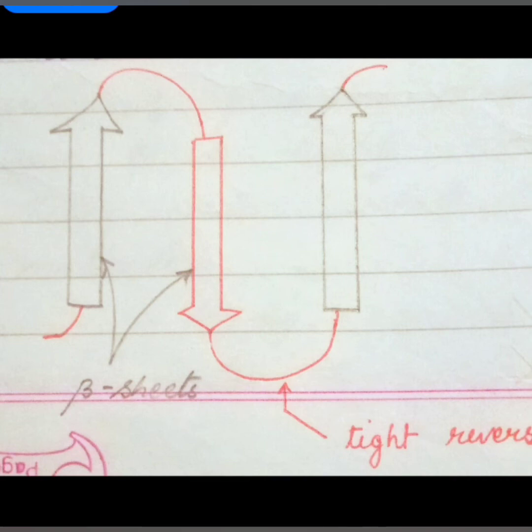In this case you can see three anti-parallel beta strands formed by sequential segments of the polypeptide chain, and they are connected by a tight reverse turn, that is a beta turn or a beta bend. This motif is often referred to as the beta hairpin motif or the beta beta unit, and it is often found in proteins like snake venom.